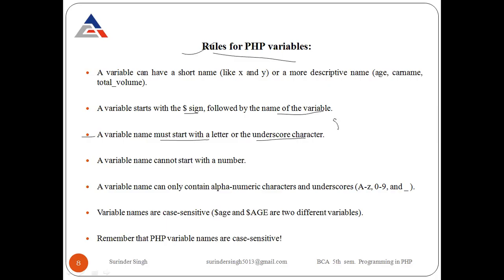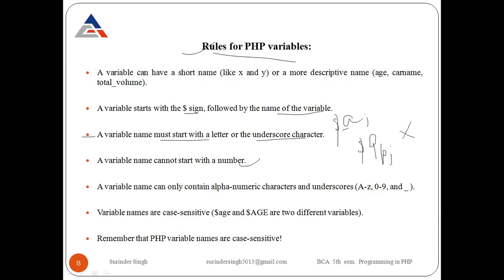You can start a variable name with letters, like alphabets, or with an underscore, like underscore a. Clear? A variable name cannot start with a number. You cannot use any digit at the start. Like $9p is an invalid variable name.